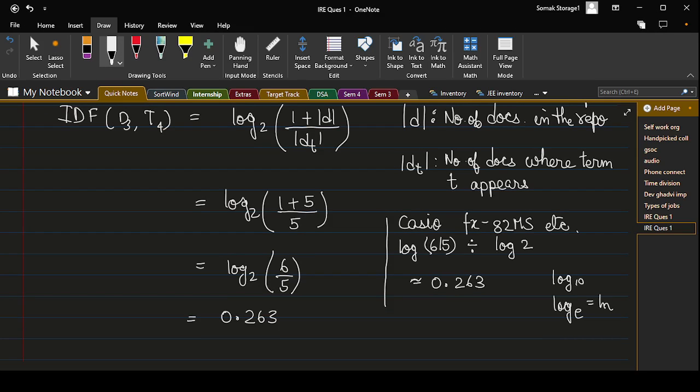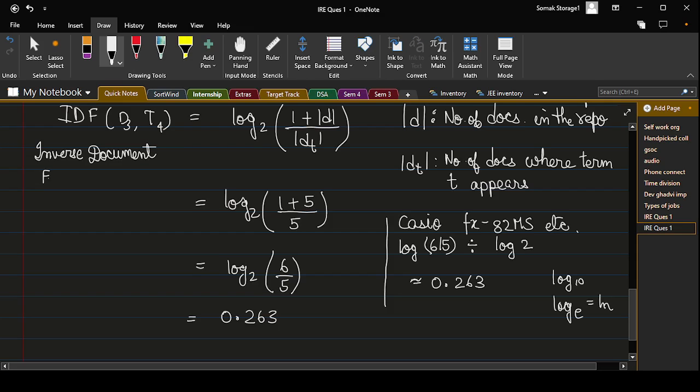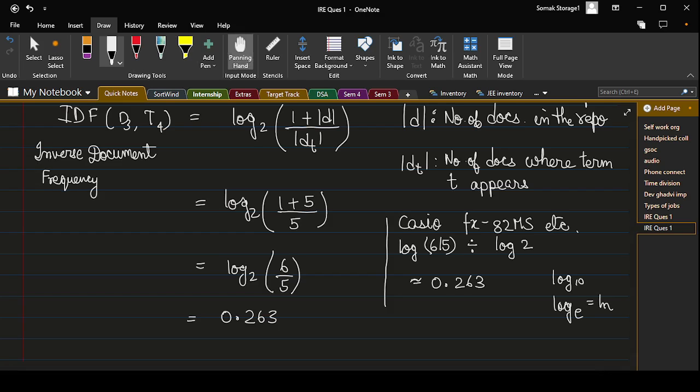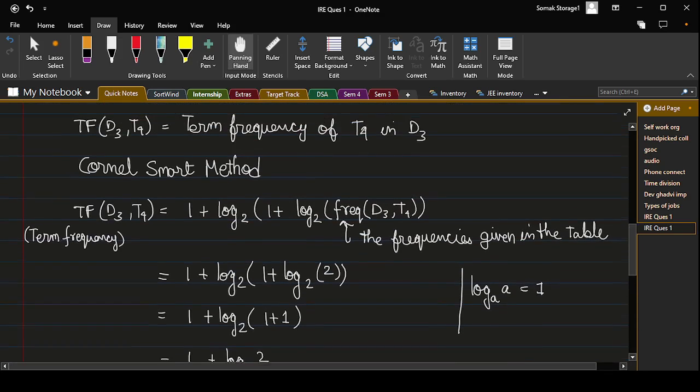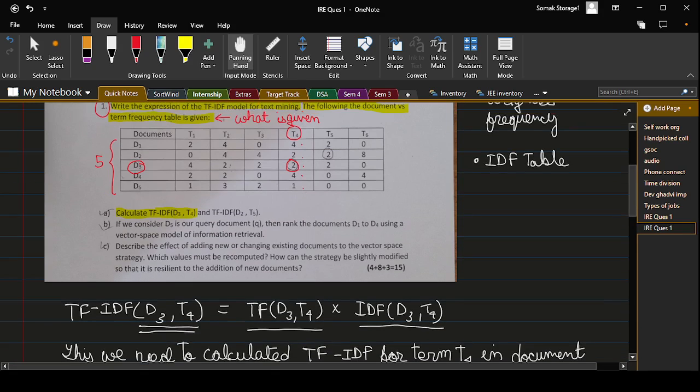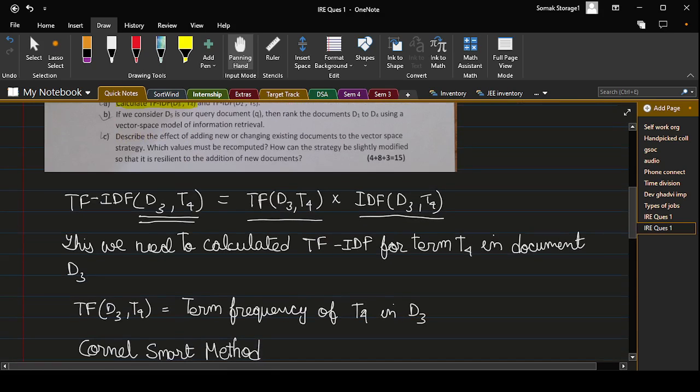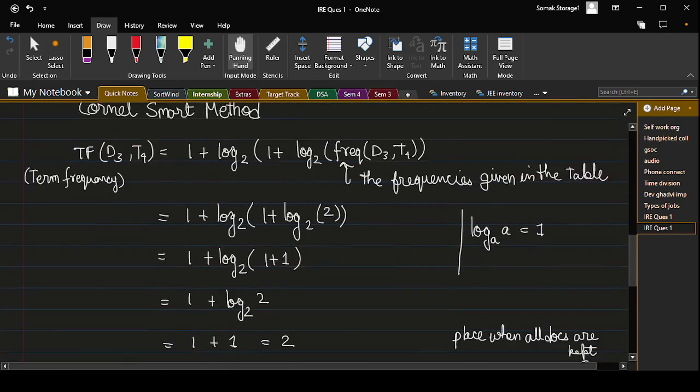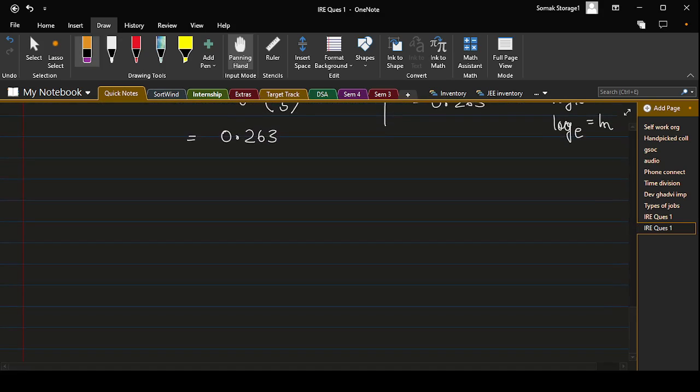I'll just write it, inverse document frequency, right? So these are the two additional terms which we wanted to calculate in order to calculate TF IDF, which is actually nothing but the multiplication of these two, right? So now we'll just multiply this thing.